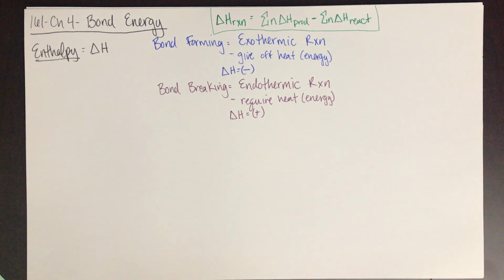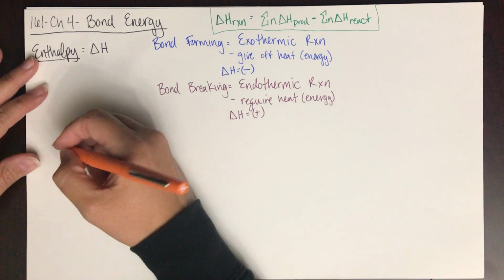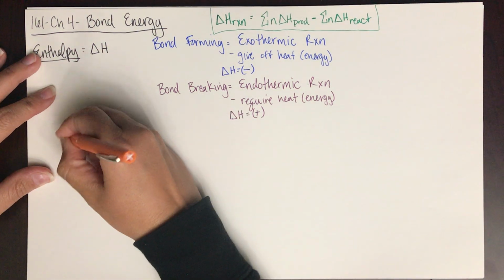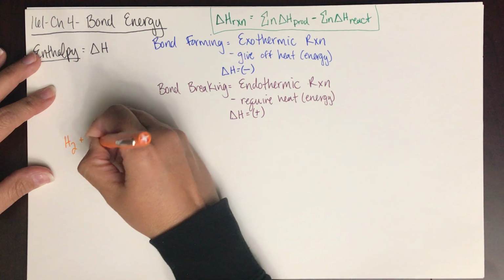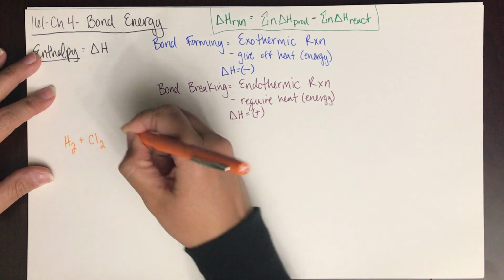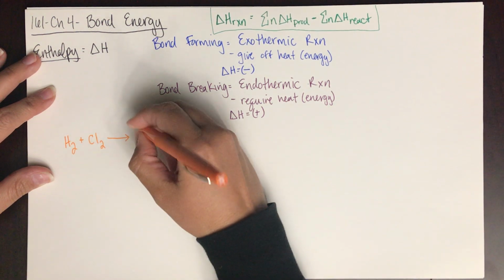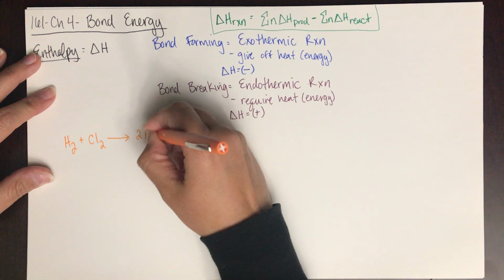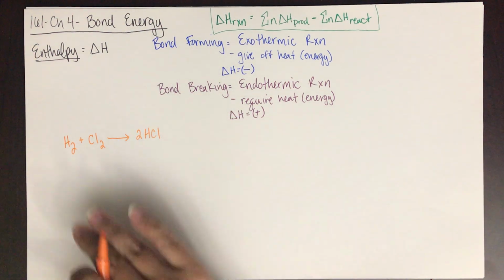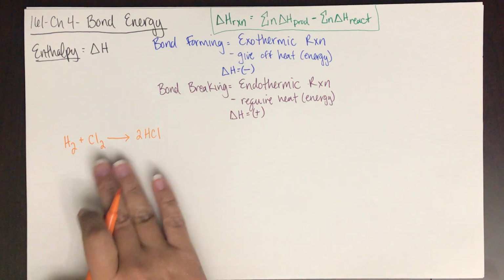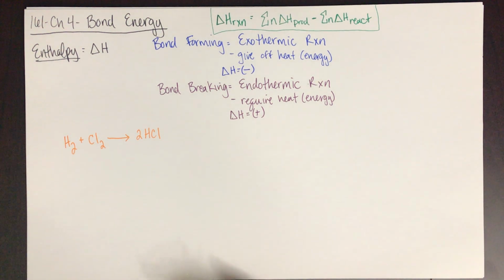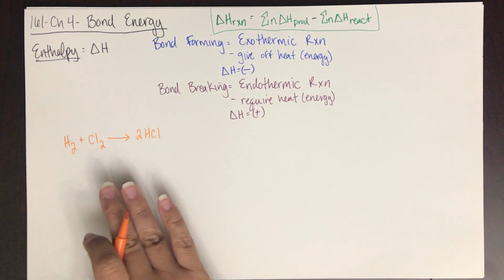Okay, so let's say hydrogen and chlorine react to form 2 moles of hydrogen chloride. So hydrogen is H2, chlorine is Cl2, form 2 moles of HCl. Later in the quarter, we'll learn about writing formulas like this.